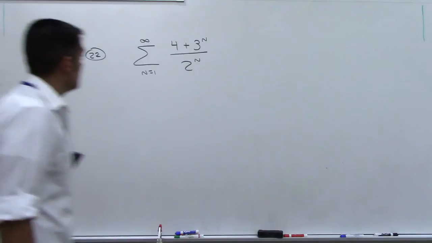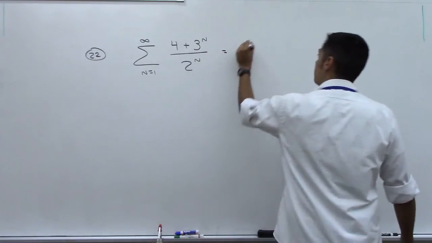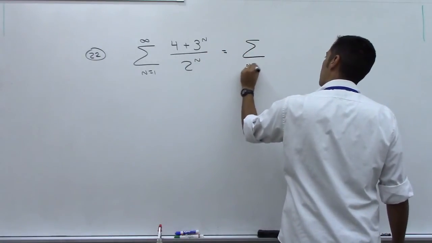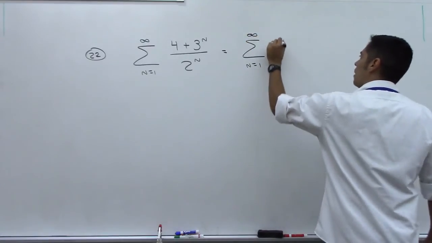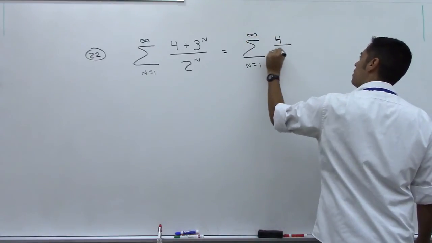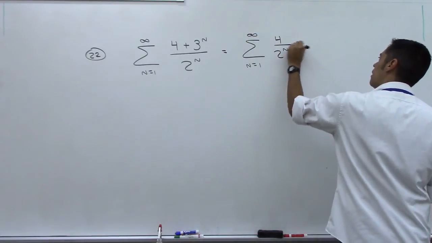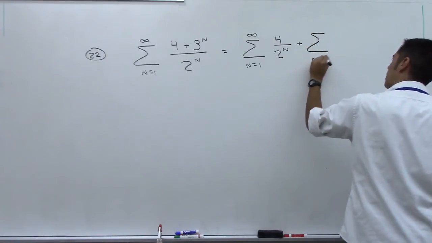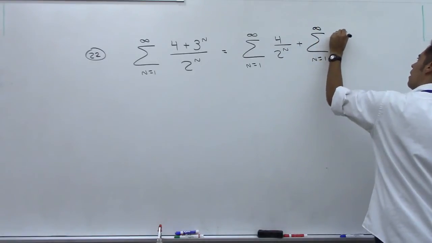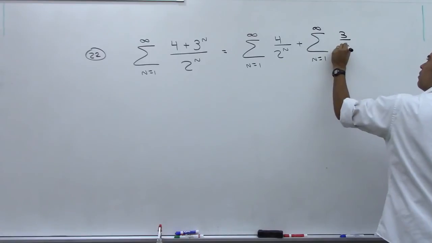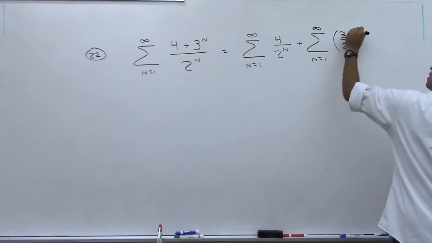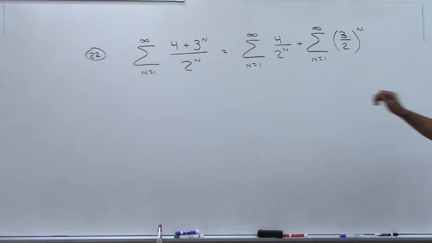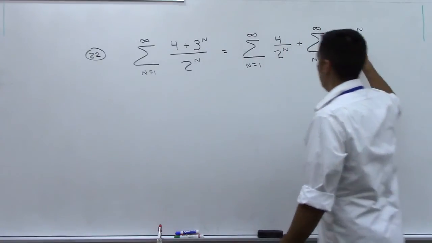Well, my instinct here is to try and split this up into 2 and make it like sum n equals 1 to infinity of 4 over 2 to the n plus sum n equals 1 to infinity of 3 to the n over 2 to the n. These were both to the n, so I put them together.